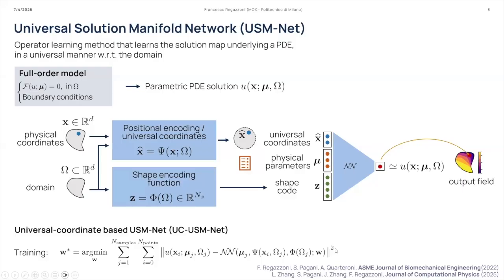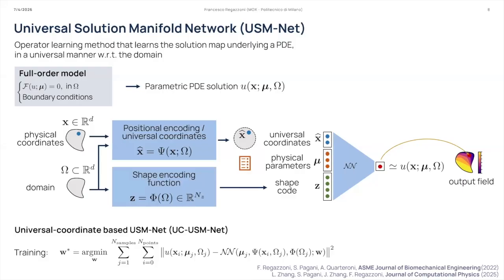Yeah, to answer your question, yes, we minimize the mismatch on specific points that are basically the points where we have the solutions. So in practice, we take the nodal coordinates of the mesh that we used to generate training data, and we use these points to define our loss function.